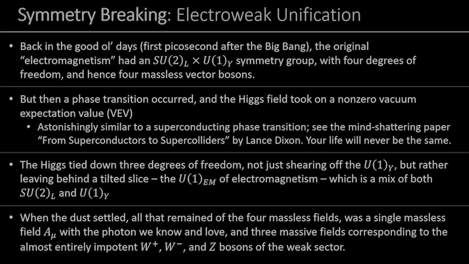And so those are now known as the W and Z bosons that mediate the weak nuclear interaction. And meanwhile, the photon, which escaped mass-free from the Higgs field, is now responsible for electromagnetism. So that's a trip. Turns out electromagnetism and the weak nuclear force are really two sides of the same coin. But that's a story for another day. It's definitely fascinating, and we will return to that topic someday.